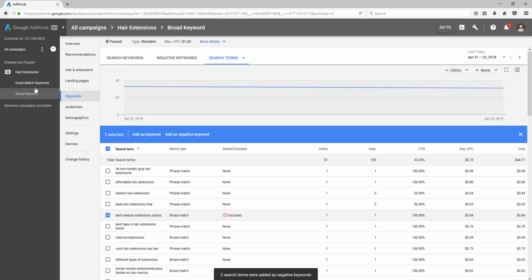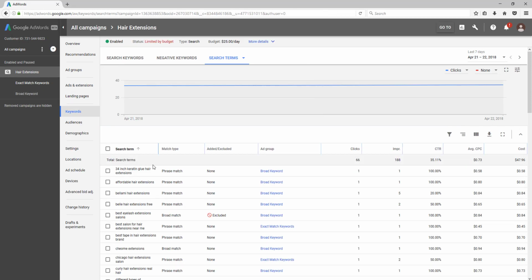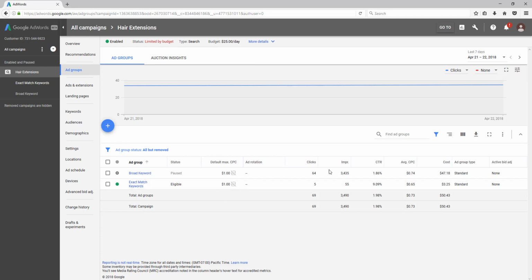What we're noticing here is that our broad match keyword had a ton of junk coming up. I've been on a lot of high value keywords, so I very rarely go with the broad. Let's go back to the ad groups page to see this a little bit more. If we look over here at the broad match, it's a lot easier to spend money than with the exact match.